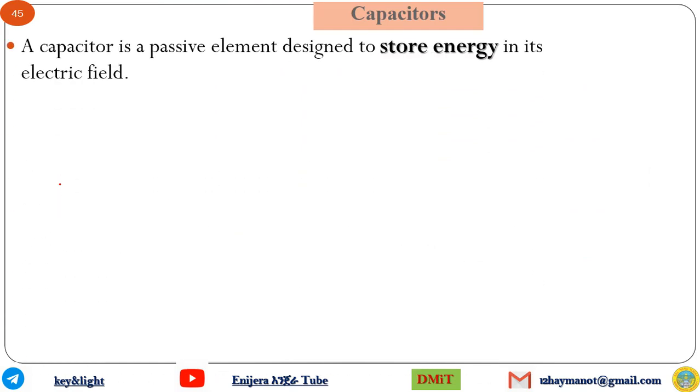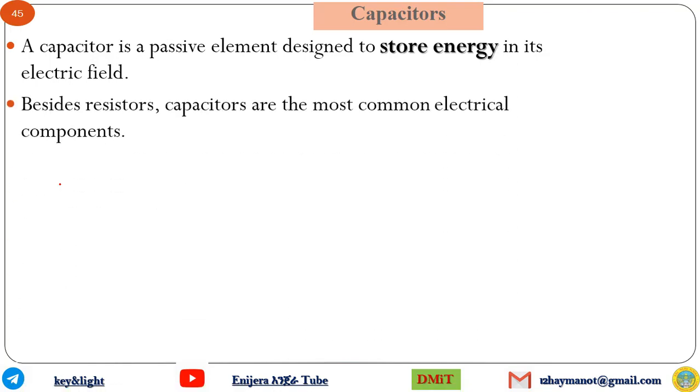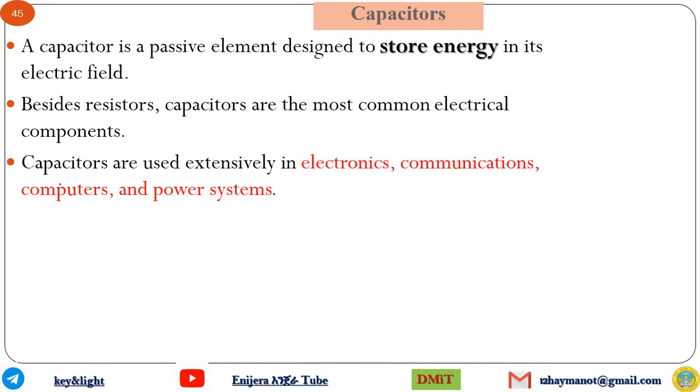The other element is the capacitor. It's a passive element designed to store energy in its electric field. It's used as storage of energy. Besides resistors, capacitors are the most common electrical components.